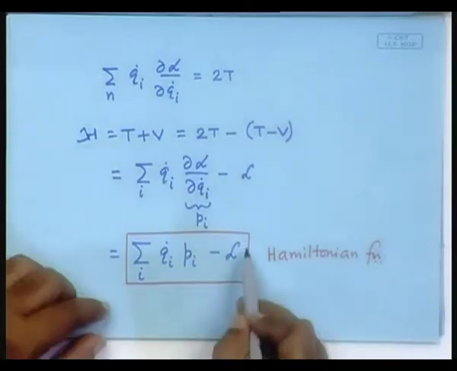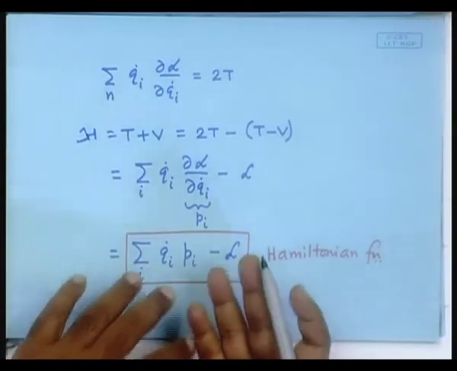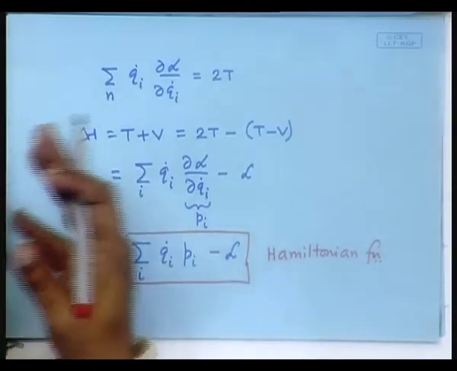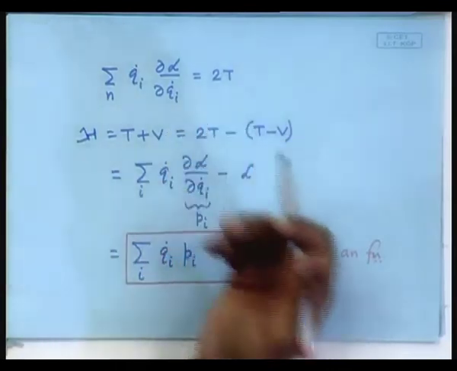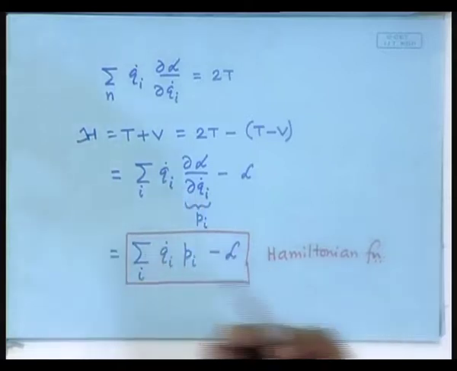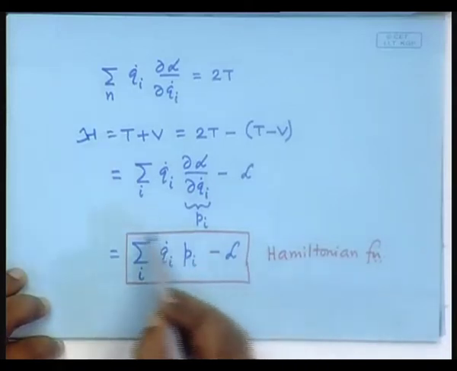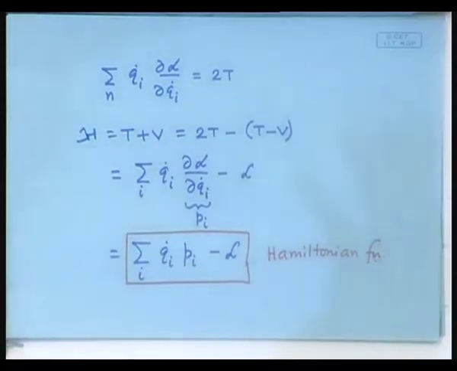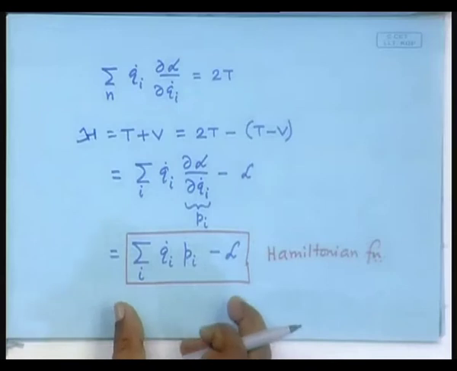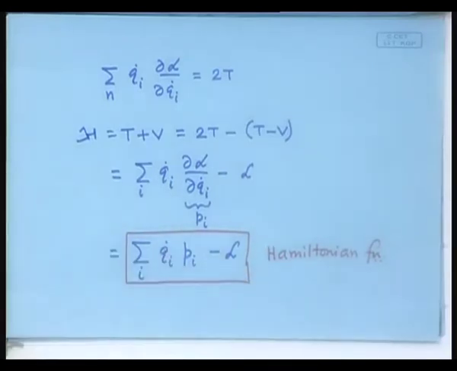Hamilton actually defined this function and showed that it is actually the same as the total energy function T plus V. But we had started from the total energy because for us it is a more intuitively appealing quantity, and we showed that the opposite, the total energy is nothing but this function, but either way it is the same thing. Now, notice this, we have this equation as the total energy. So, over here we have assumed Rayleigh function to be 0.